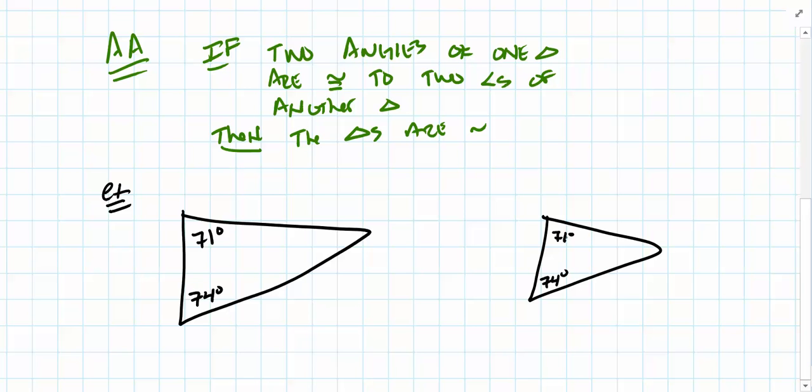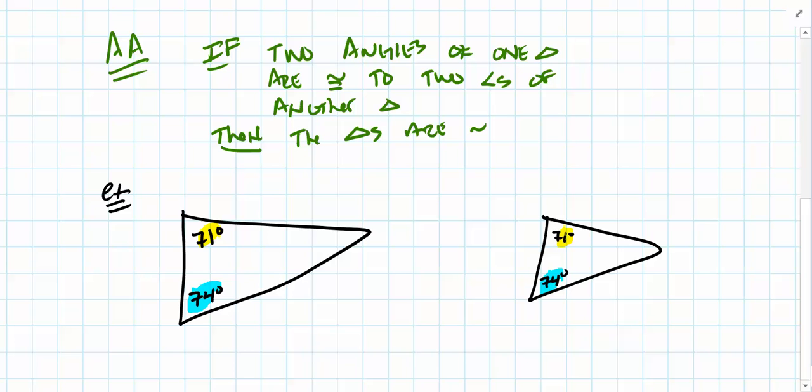Hopefully I've drawn one bigger than the other, so they're not congruent. They're not meant to be congruent. But to show that these two triangles are similar, all we have to show is that two angles are congruent. So I can see here that 74 and 74 is one angle. The other angle that I have in each of them is a 71 and a 71.